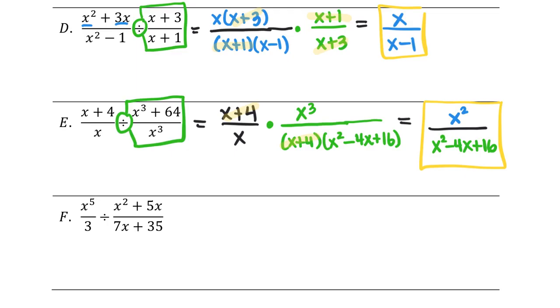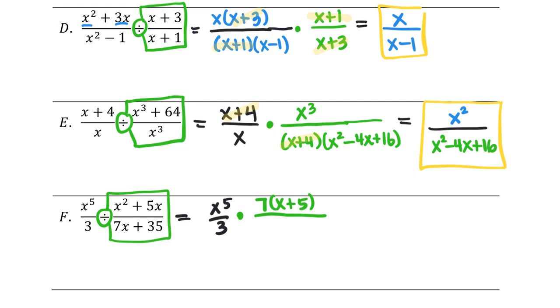Okay, let's look at f. I have x to the fifth over 3. Since I am dividing, I will change it to multiplication, and I will make it a reciprocal. So the 7x plus 35 is at the top. 7 and 35 can both divide by 7. So 7 times x, 7 times 5. The x squared plus 5x is now at the bottom. X squared and 5x both have an x.